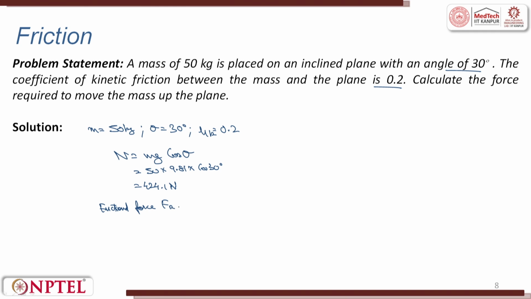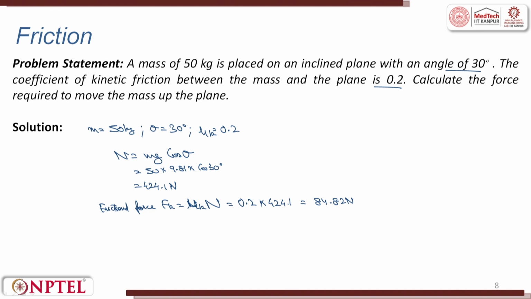Also, frictional force Fk is equal to mu k into N, which is equal to 0.2 into the value of N that we have determined here, 424.1. This is equal to 84.82 Newton.